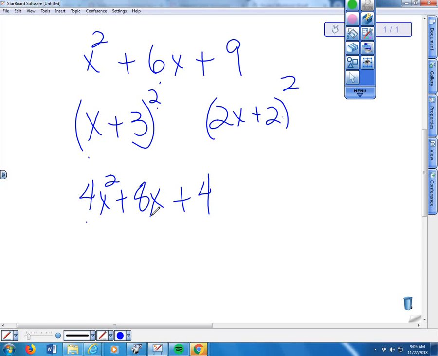Square root of this is 2x. Square root of this is 2. Middle term is 8x. So if I were given this and I saw the perfect squares on both sides, just take the square root of both, square that, check your middle term. It's probably going to be right. If not, then it's not factorable. Would you take the 4 over to the 4 and then square root it? Mm-mm.